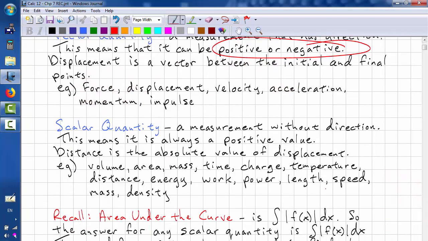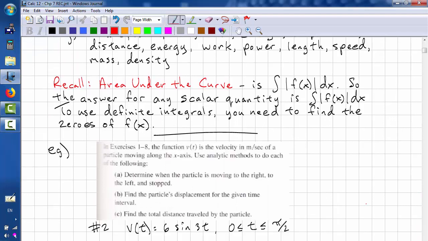And we've done scalar quantity. It's a measure without direction, and it's always a positive value, for instance, distance. Let's recall area under the curve is the integral of the absolute value of f of x dx.